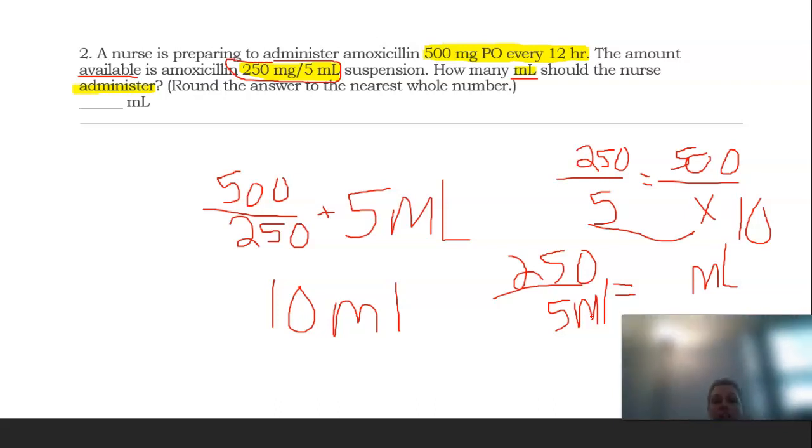So if I divide 250 by 5, doesn't that give me 50?